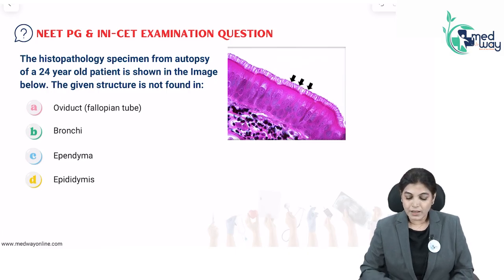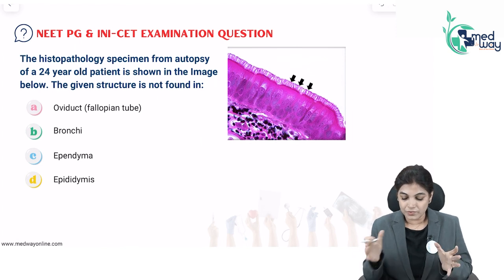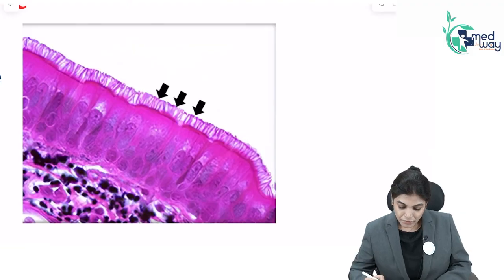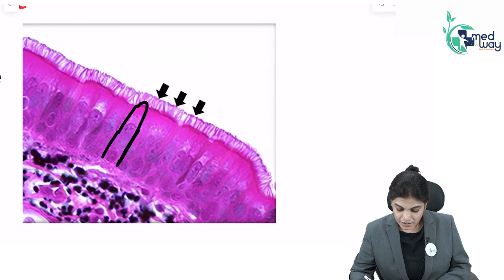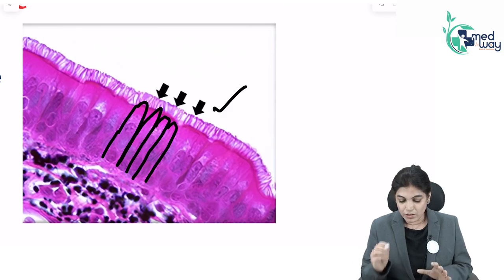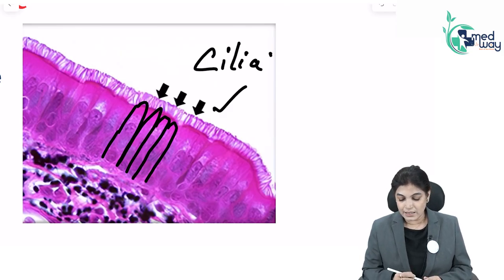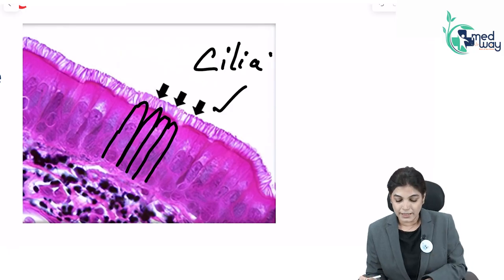As you can see, the given structure is not found in which of the following locations. If you see the enlarged high power view, you can clearly see that this is columnar epithelium, the nucleus is also there, and you can also see the cilia.